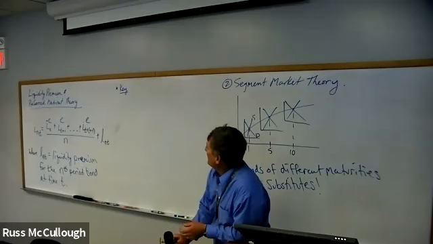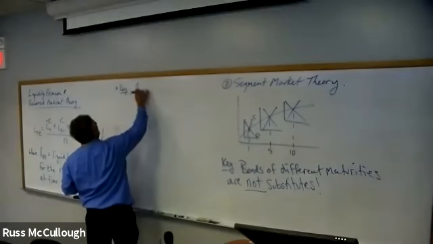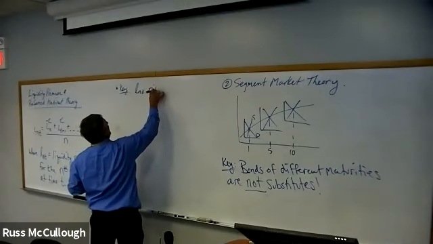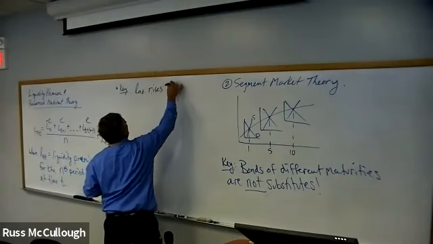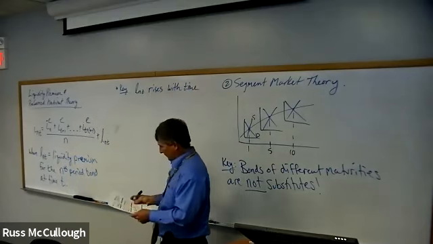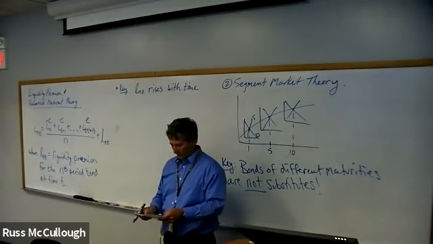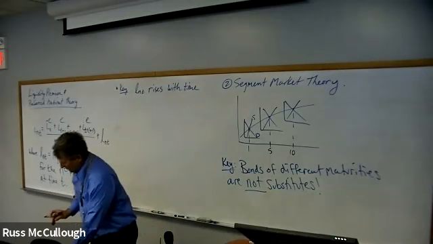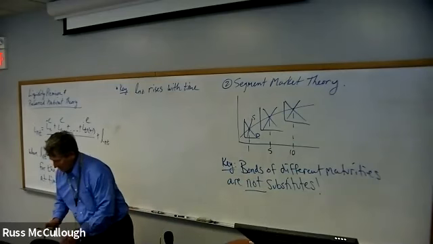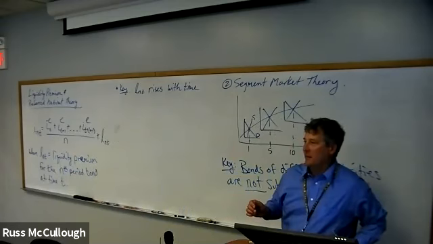So the liquidity premium rises with time. So L_nt rises with time. All right, so let me go to the board now. Has everybody got that written down?